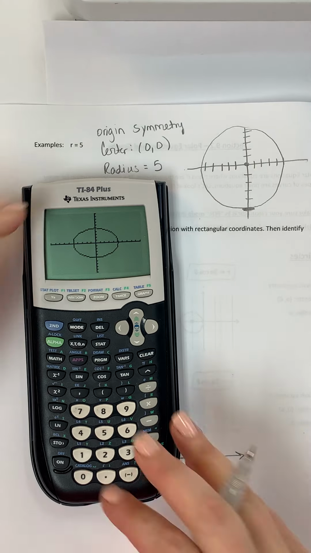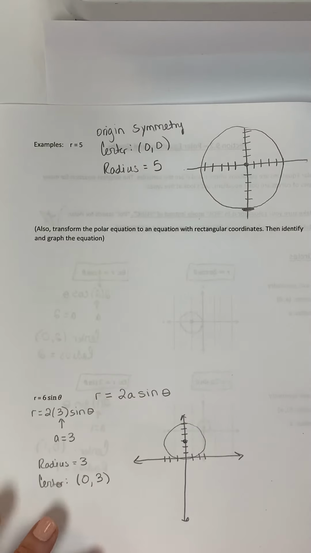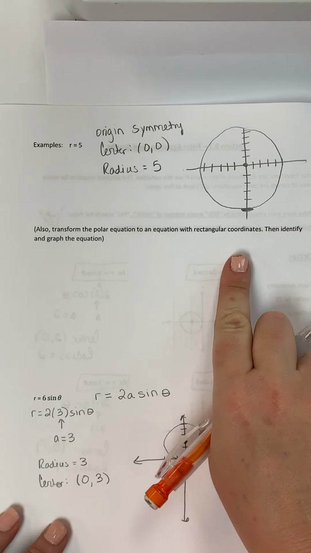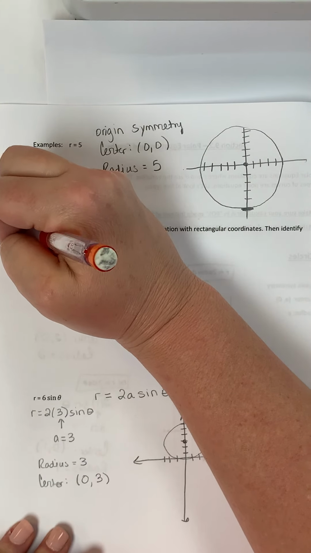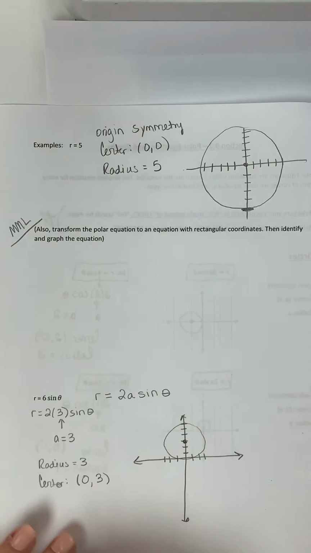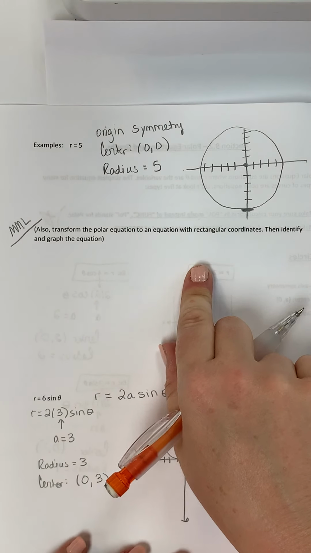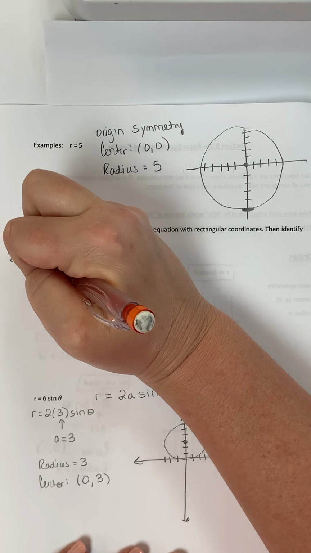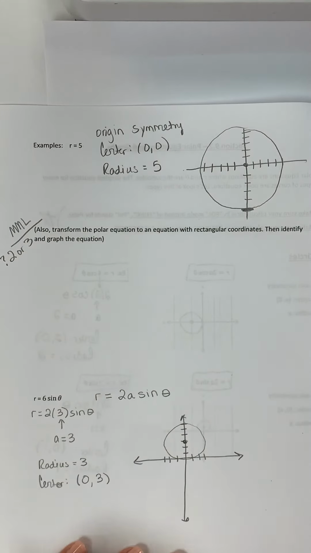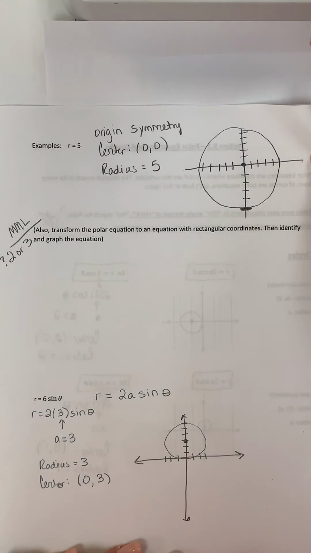All right, now, I'm also gonna throw in a My Math Lab question at this point. I think it's like question 2 or 3, I don't know. Just kind of keep it in mind, okay?